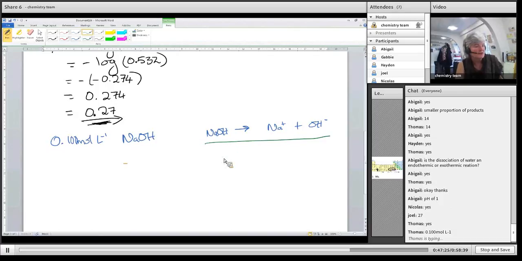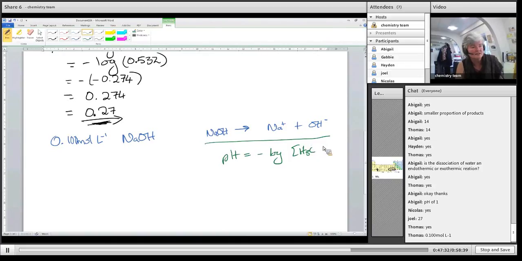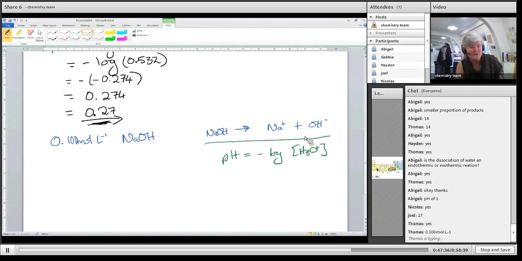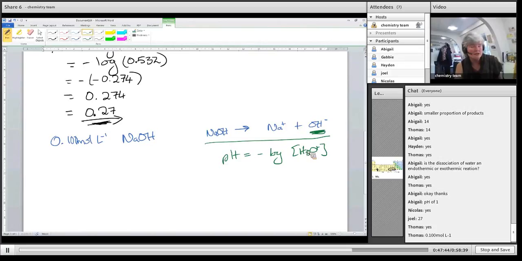So if I do the pH is equal to negative log of H3O plus, I don't have H3O plus there. The only thing I do have is the OH, and we know that OH and H3O plus are related. So if I work out the pOH, I can work out the pH.